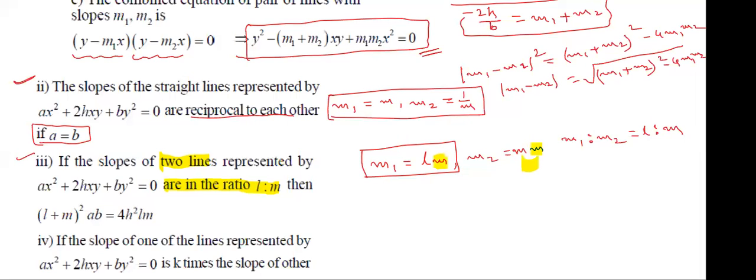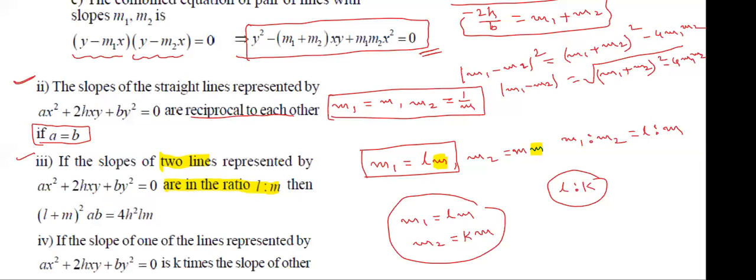Or we can write another way, the slopes are in the ratio l is to k, then you will understand: one of the slopes is lm, another slope is km. The slopes are in the ratio l is to k, so what is the shortcut formula, students? This is (l plus m) whole square into ab, that is equal to 4h square lm.